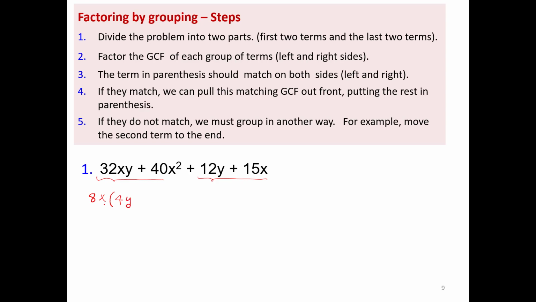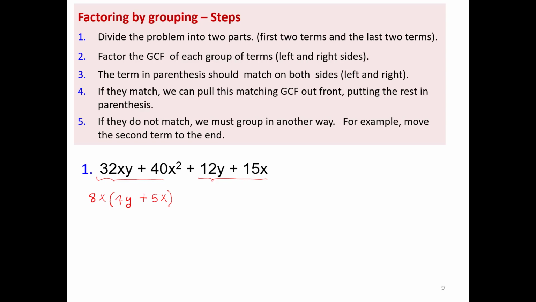We know this is right because 8 times 4 is 32xy, the same as we had. Now 40 divided by 8 is 5, and x squared divided by x is just x. Then we're done with the first part.